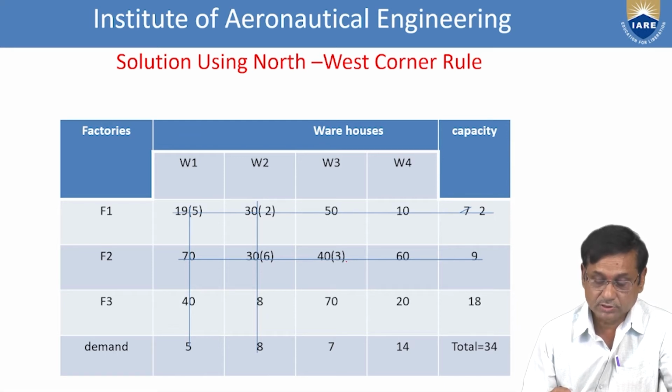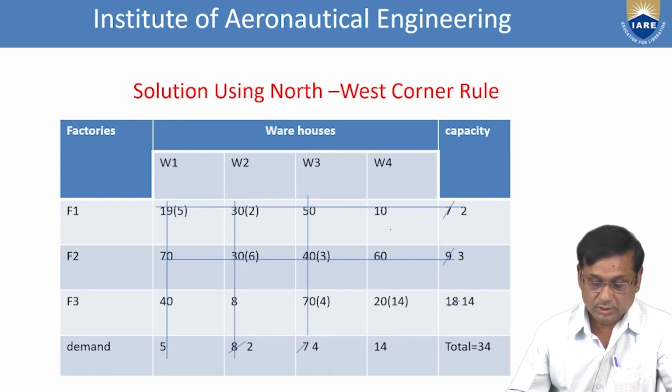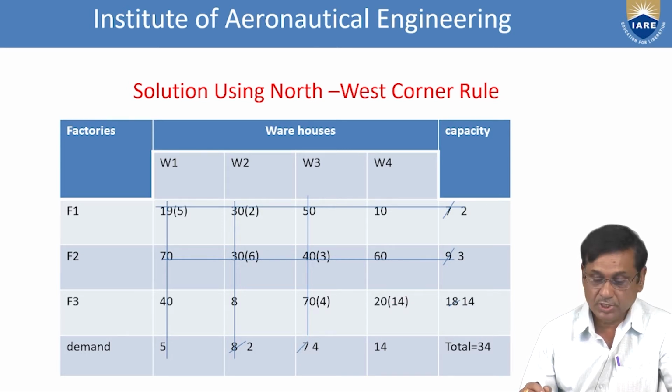The next northwest corner is 40 and we can assign 3 units because only 3 units are left over, and cross out that row. The next northwest corner is 70, so we can assign 4 units, and the remaining cell is 20, that is 14 units.